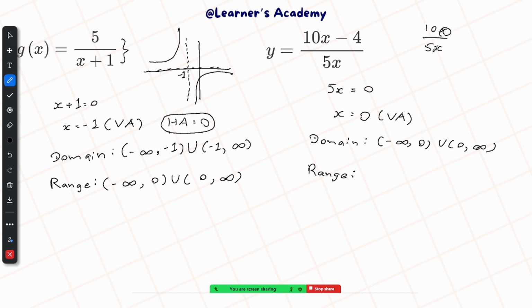We got x and x, two variables which have the same degree, which means that we can put these two coefficients, 10 and 5, into a fraction or a ratio. And from this we will get 2, which means that for the horizontal asymptote, we get y equals 2. So from this we can say that the range is -infinity to 2 union 2 to infinity.